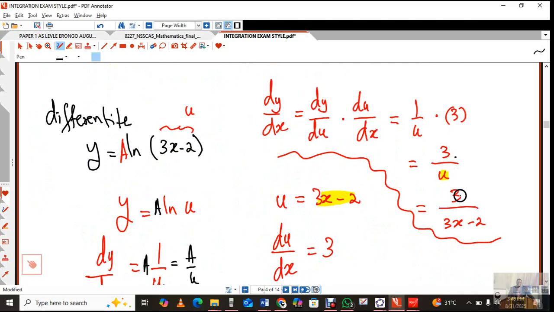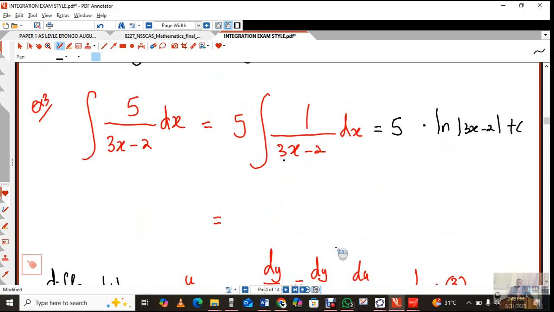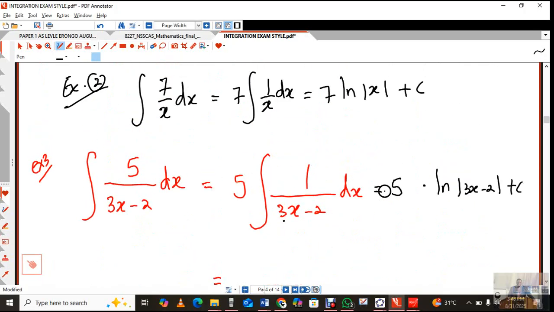Can you see that? And because I have a 3 here, to go back, I will have to divide by 3. By whatever that derivative is, I will be dividing. So I'm going to multiply by 1 over 3. This is essentially where this value of a is. So at the end of the day, this is 5 over 3 natural log of 3x minus 2 plus c.